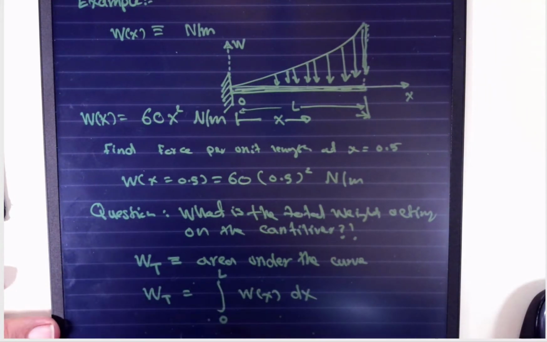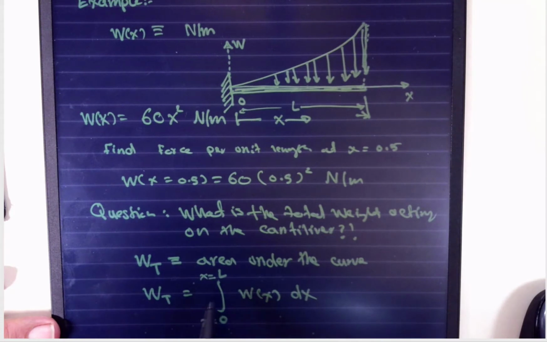Therefore, the total weight is the integration from x equal to 0 until x equal to L of W of x dx. So this is called the integration, and I hope all of you have taken and know the integration.